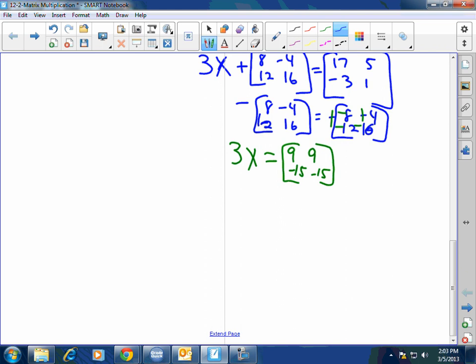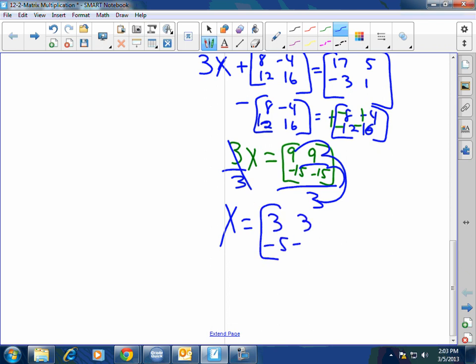So for scalar multiplication, I had to multiply everything by what I was multiplying the matrix by. When I'm dividing, what do you think you're going to do with that value? Divide it into every single thing. So this is going to be 3, 3, negative 5, negative 5, and that is your answer.